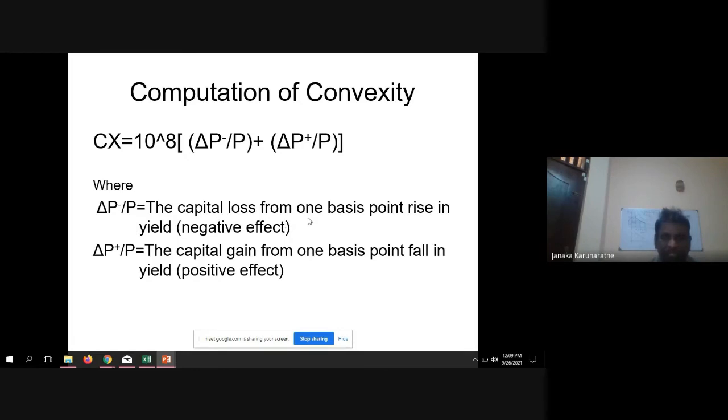The capital loss from a 1 basis point rise in interest rate, the yield, the negative impact. Delta P plus over P equals the capital gain from a 1 basis point fall in yield, the positive effect. So we can compute the convexity using this formula.